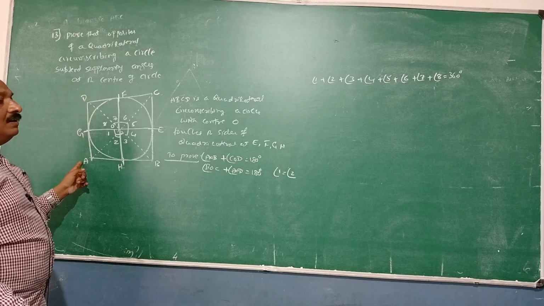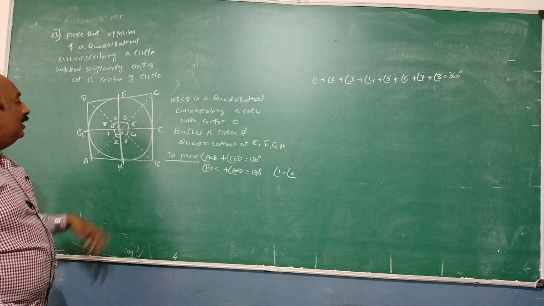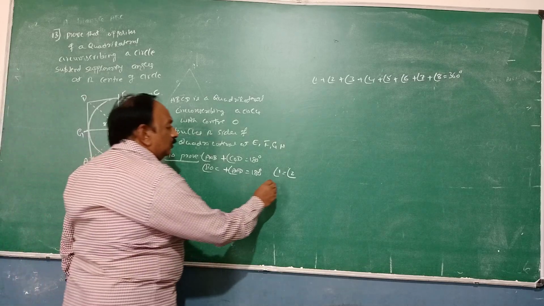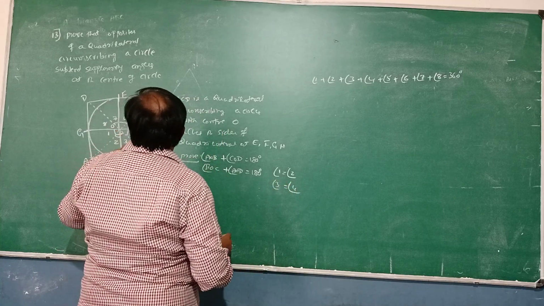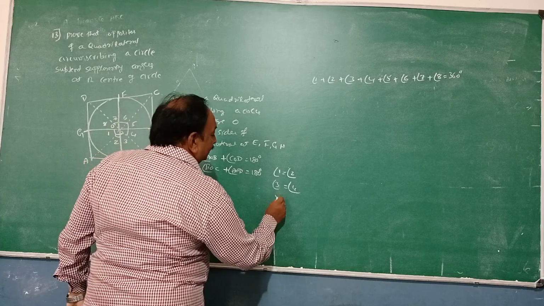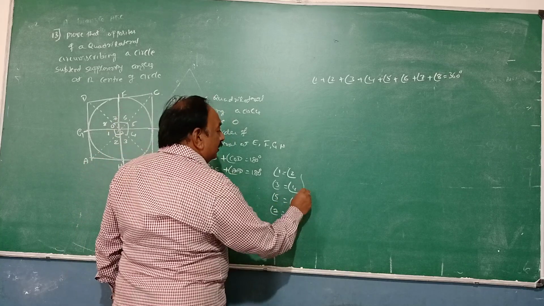When tangents are drawn from the external point, they subtend equal angles at the center. Angle 1 is equal to angle 2. Angle 3 is equal to angle 4. Angle 5 is equal to angle 6. Angle 7 is equal to angle 8.